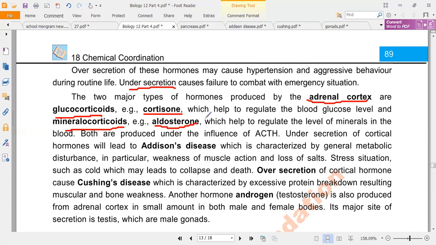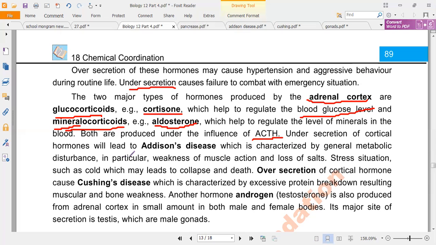Cortisone or cortisol helps to regulate blood glucose level along with insulin, that is the glucocorticoids. Mineralocorticoids regulate the mineral content or level of minerals in the blood. Both are produced under the influence of adrenocorticotropic hormone, which is released from the pituitary gland.